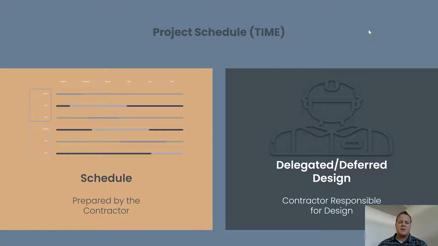When I say schedule, I'm talking about time, because the word schedule, especially in the MEP world, could mean multiple things. The schedule prepared by the contractor is the time of the project defined.